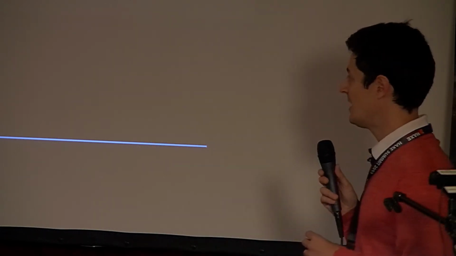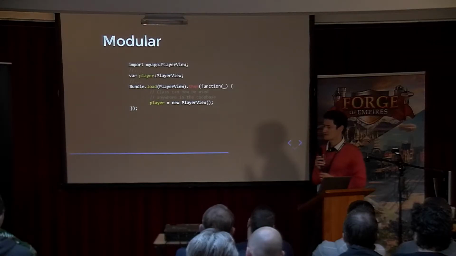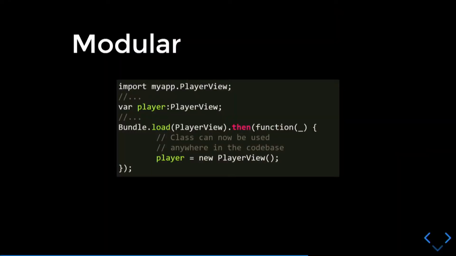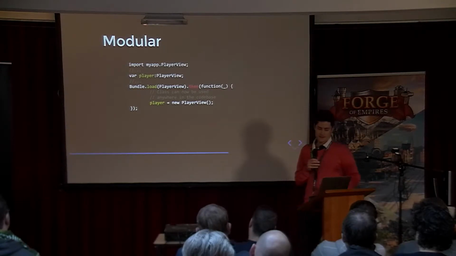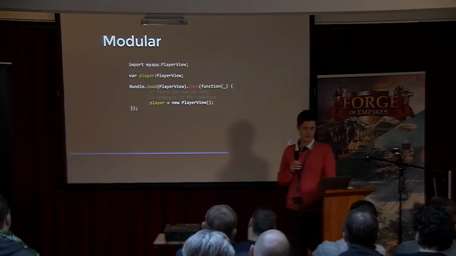But before you can use this class and instantiate it, you have to load it, and you load it by passing the class reference, and some macro magic will do its job. And when it's loaded, when the promise is complete, your code is in, as if it had always been in your JavaScript file. So the player and all these dependencies are all extracted.